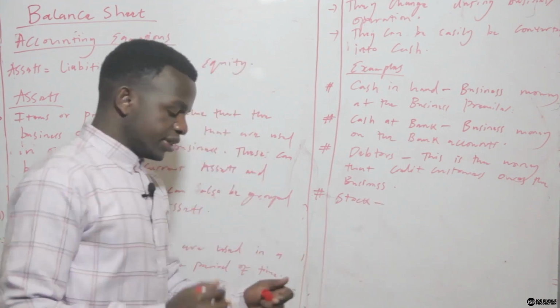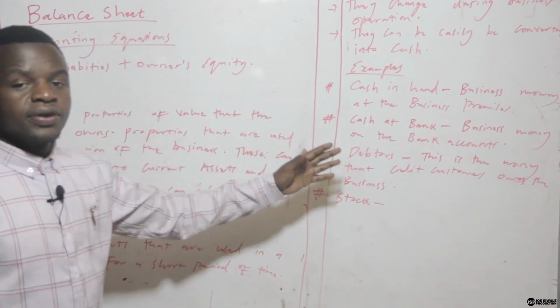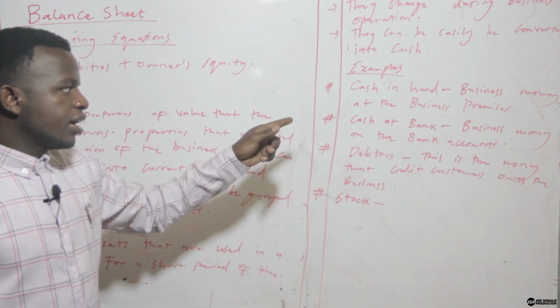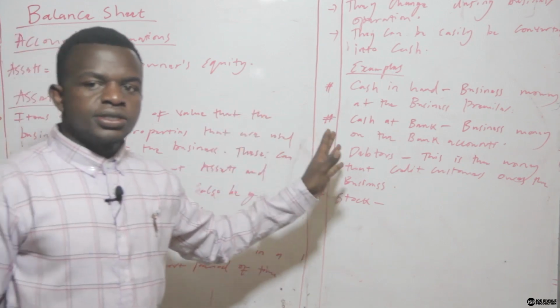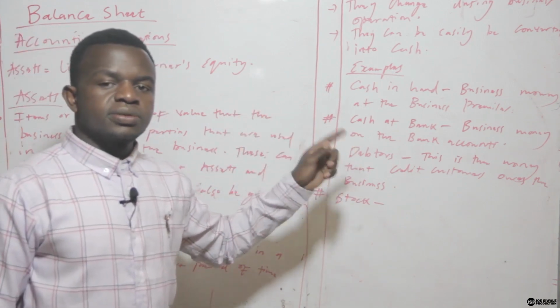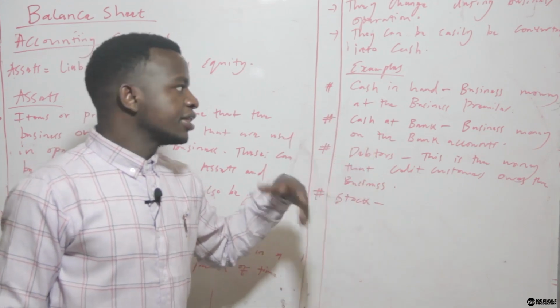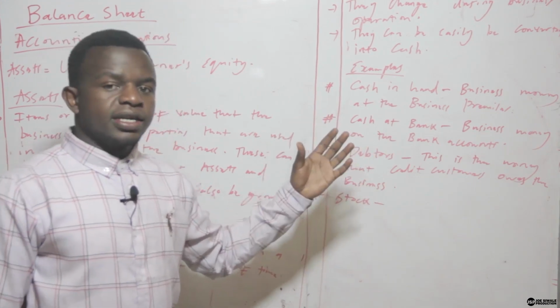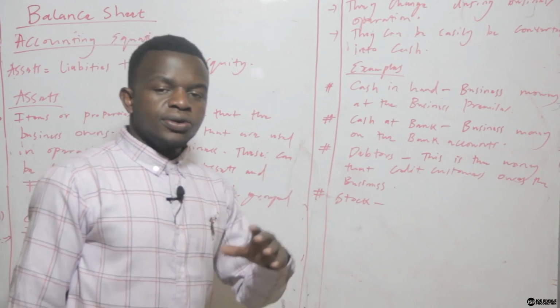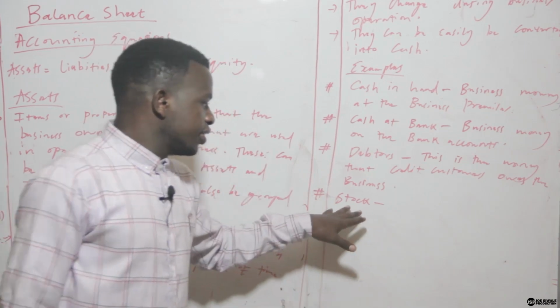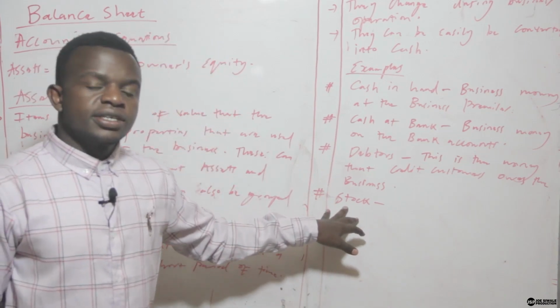And you must take note that when you are writing down the balance sheet, you're going to be given the trial balance, and in the trial balance, that's where you're going to use that information that you're going to record in the balance sheet. But you have to take note that there will be stock that's going to be shown in the trial balance.